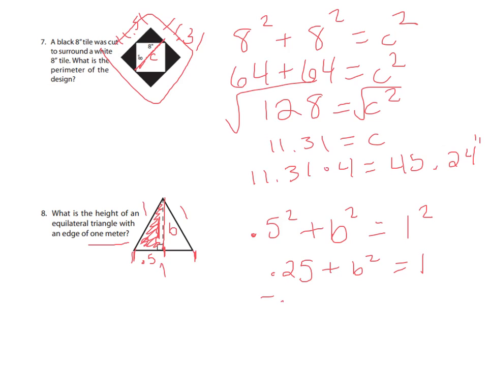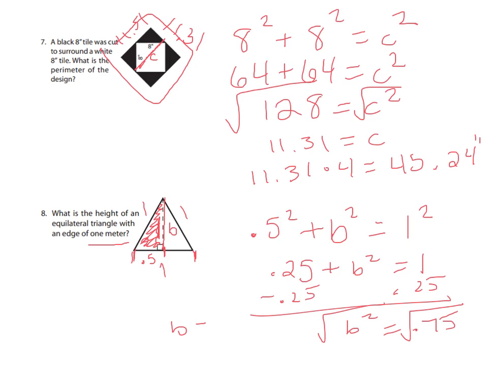So to solve this equation, I have to subtract 0.25, or 25 hundredths, from each side. So I have b squared equals 0.75. To solve, I take the square root. So b will equal 0.87. And that's my solution for that one.